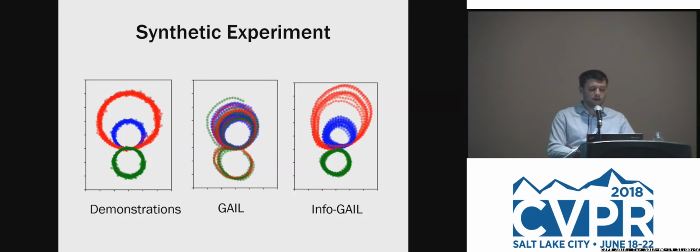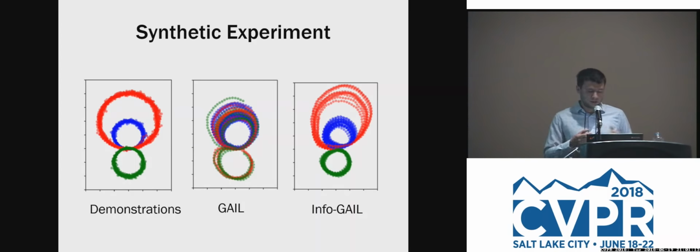The synthetic experiment is that you might have a point that is moving in the plane, and the point can take 3 different kinds of trajectories: the red one, the green one, or the blue one. But of course, in the training data, you don't know a priori. This is a clustering problem. You don't know a priori that there are 3 different kinds of behaviors in your data, and you can try to discover it using this InfoGAIL method.